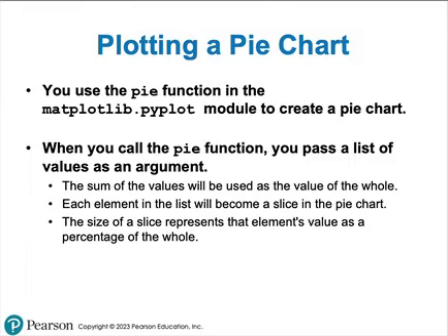And then we're going to call the pie function of pyplot to generate a pie chart. When you call a pie chart, you send it a list of values that represent the size or the quantity or the value for each slice of the pie. What that's going to do is it's going to add all those values together and then go back and calculate the actual size of the pie slices out of the whole pie.